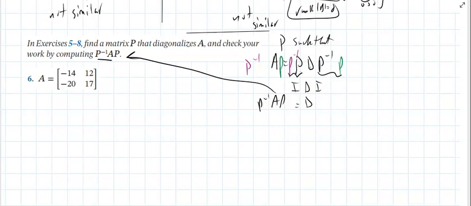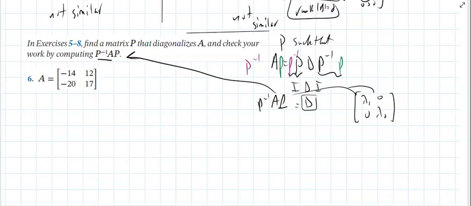And that's what we're talking about. And I'll give you a hint. I'll show you what those are. This diagonal matrix, if it's a 2 by 2, will be the eigenvalues, and P will be the corresponding eigenvectors.